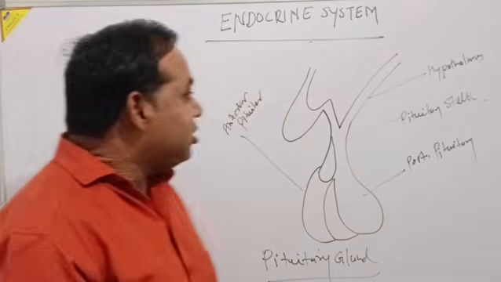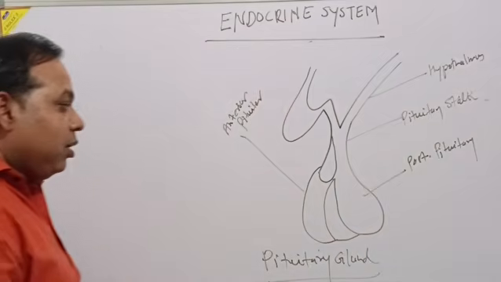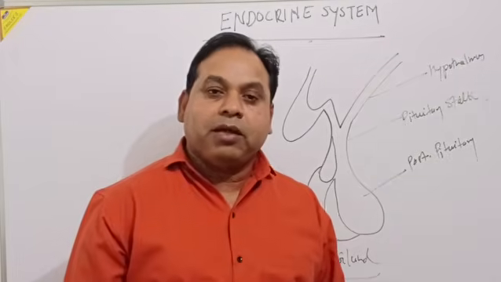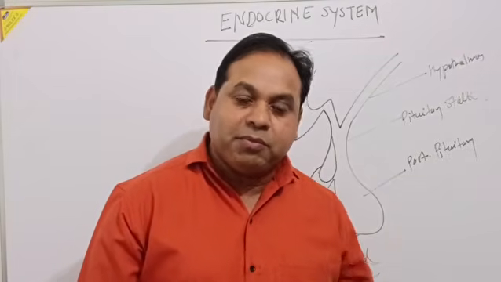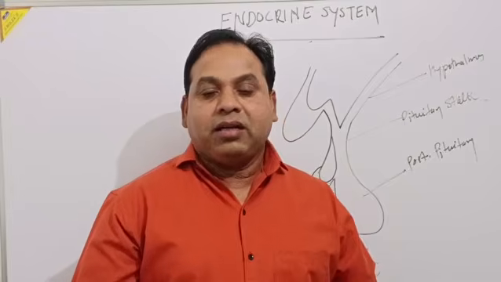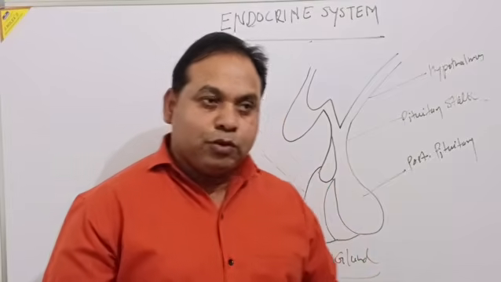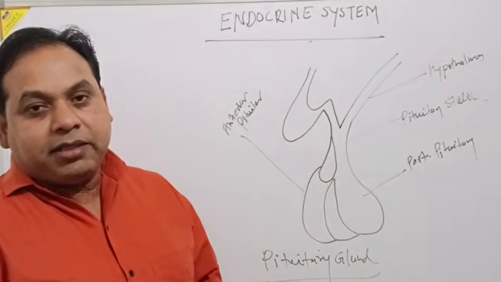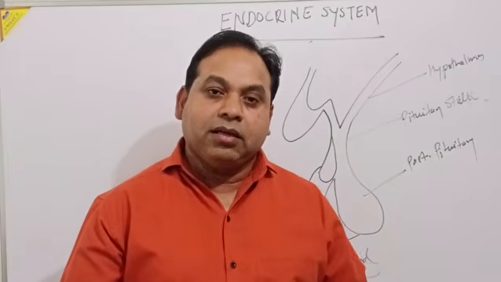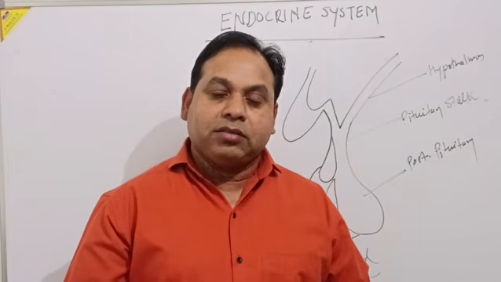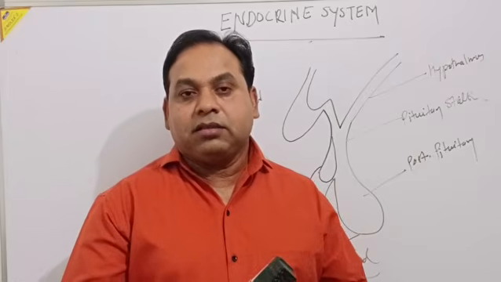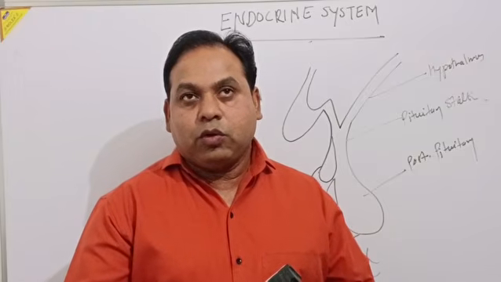So today I am going to discuss the endocrine system. First of all, we have to differentiate between exocrine and endocrine. As you know, a gland secretes something and makes something in its cells.